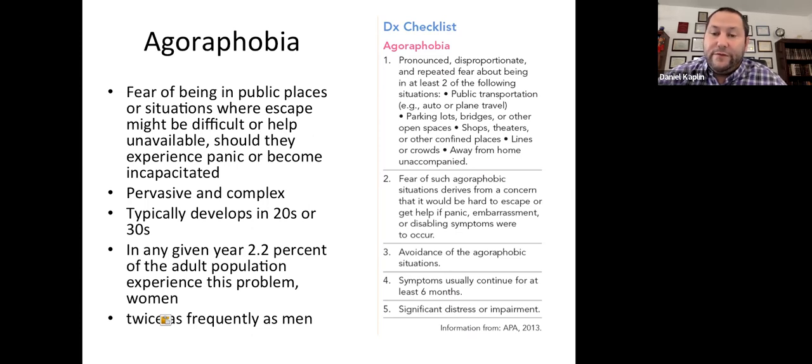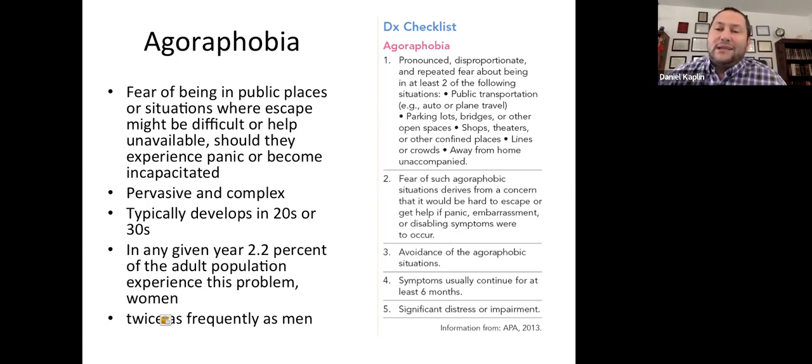So what do they do? Just like every other phobia, people with agoraphobia avoid agoraphobic situations. So if a person is afraid of getting stuck on public transportation or in an open space, some people with agoraphobia don't leave their home, and that's a more extreme scenario.